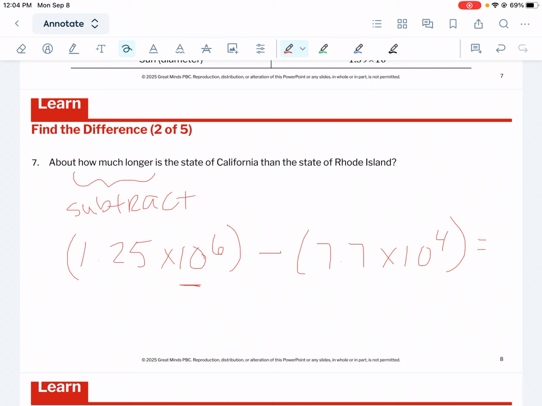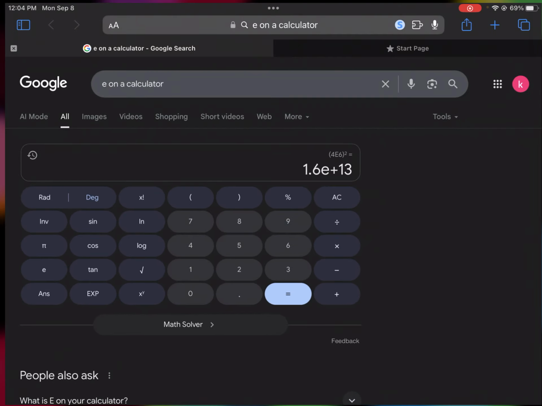Or you can make the 7.7 for the length of Rhode Island and drag the decimal place forwards 2 times, and that'll allow you to change the exponent to 6, and then just subtract normally. Okay, but once again, for the sake of demonstration, calculator.